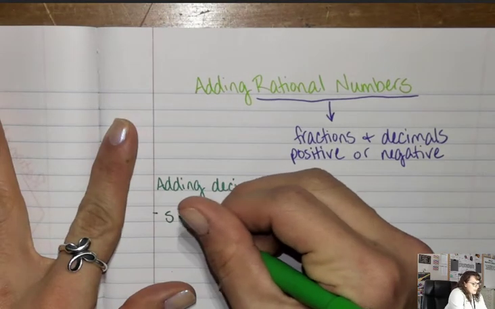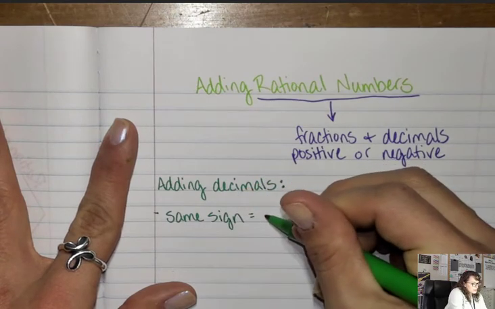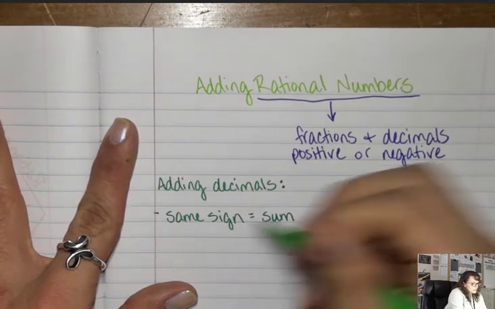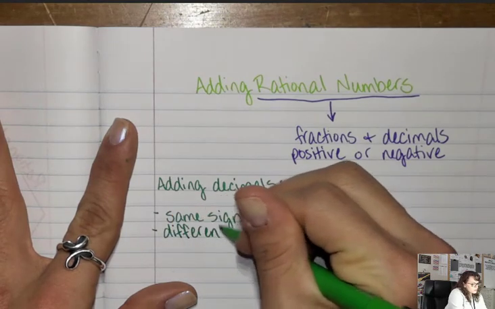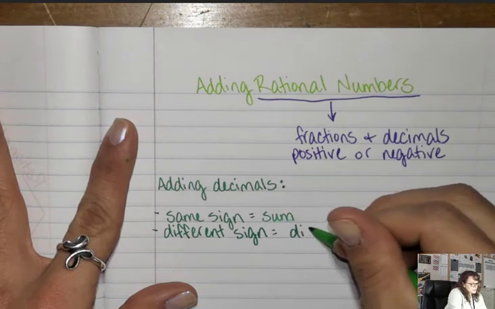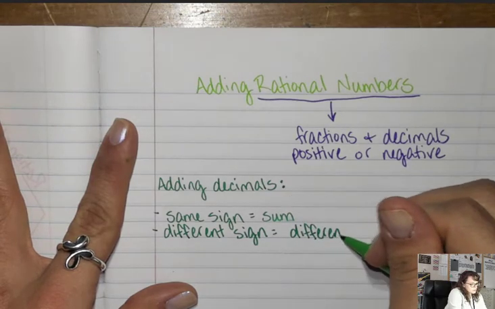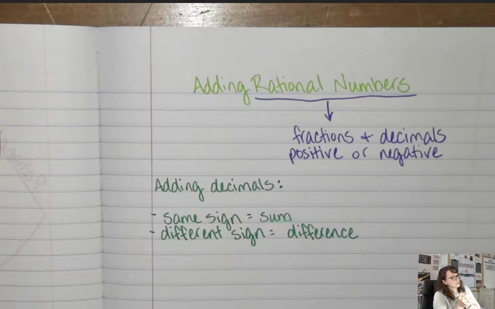Or I like to say, if they have the same sign, you find the sum, which means add. If they have a different sign, you find the difference, which means subtract. So same sign, sum, different signs, difference.